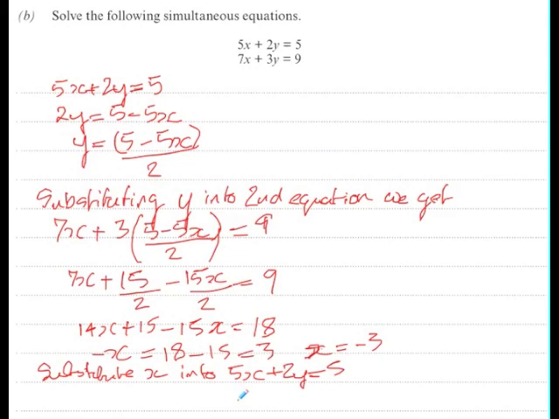So we're left with minus 15 by substituting that in, plus 2y equals 5.